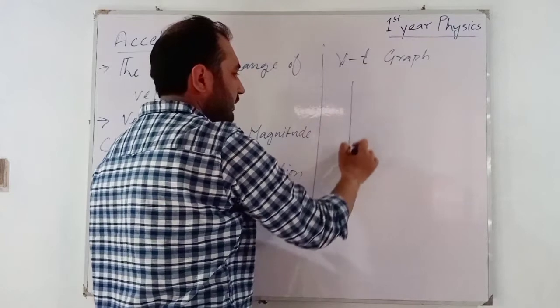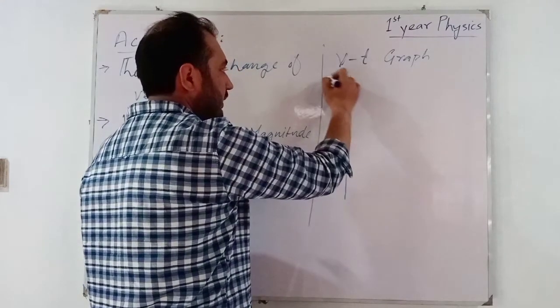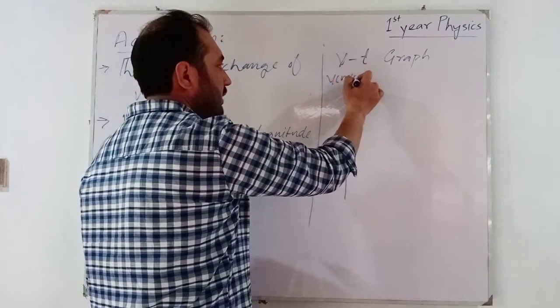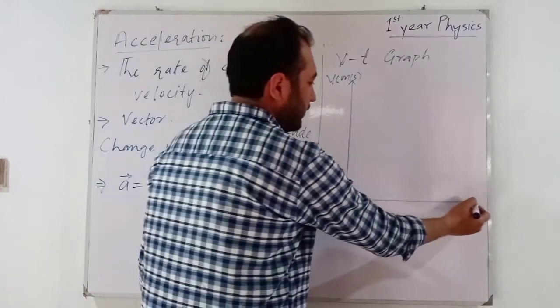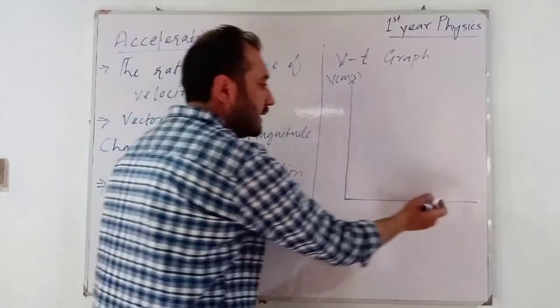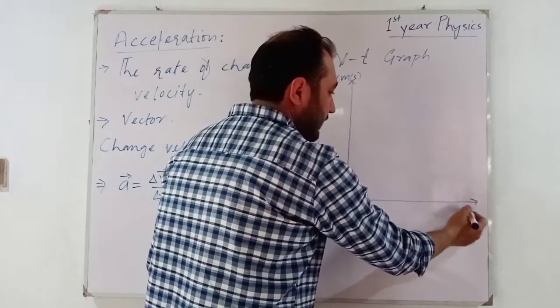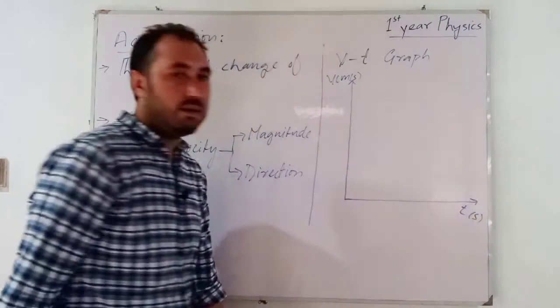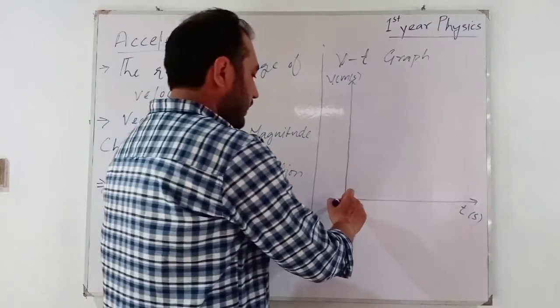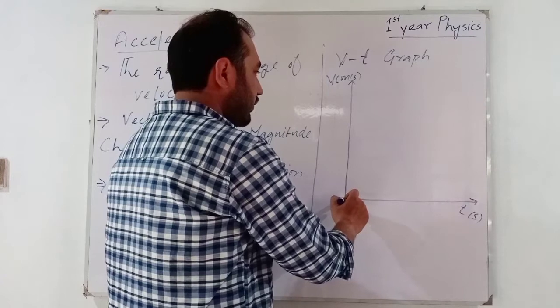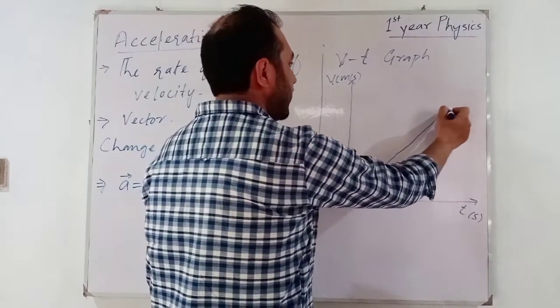Let us represent velocity along the y-axis, measured in meters per second, and time along the x-axis, measured in seconds. Now an object is moving such that its velocity is going to change.